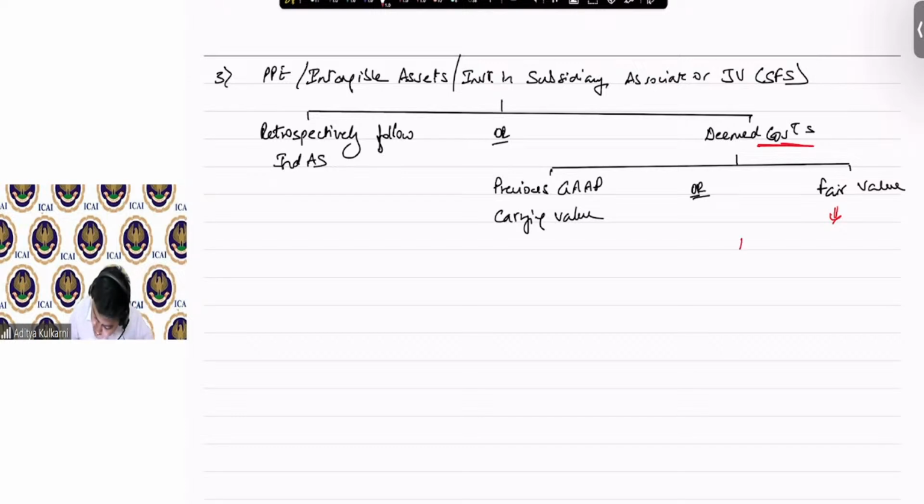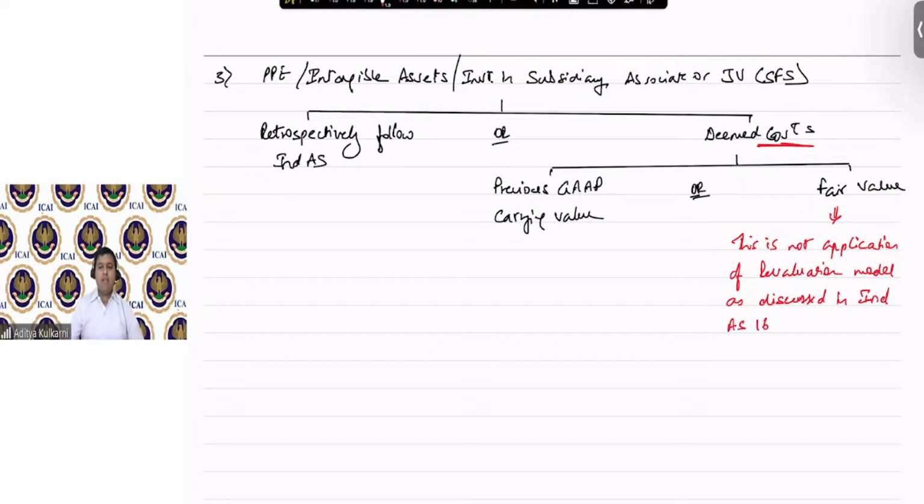This is not fair value. This is not application of revaluation model as discussed in Ind AS 16. This is not that value.